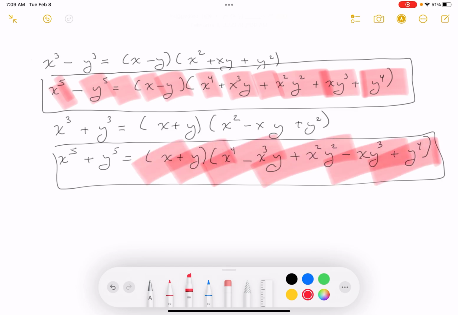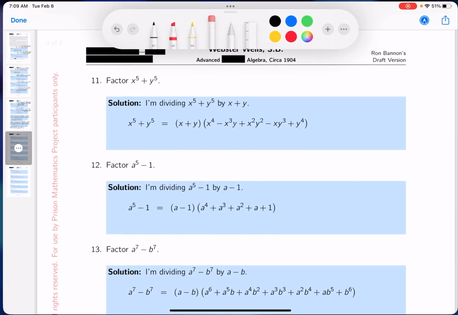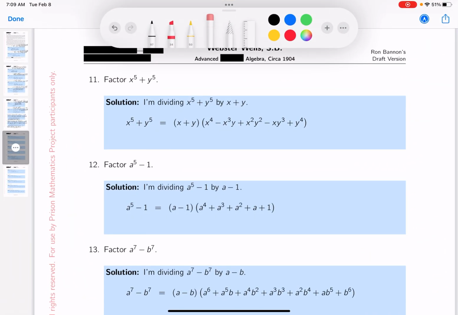So again, just a simple pattern, and now we're going to use the pattern on the problem. So I'm going to go back to that. We talked about this, and certainly doing this problem over here, I realized it's fifth degree. I guess we just did that, right? So let's write that down, and we'll check the key later. What am I claiming over here? This is x plus y, and then x^4, alternating.